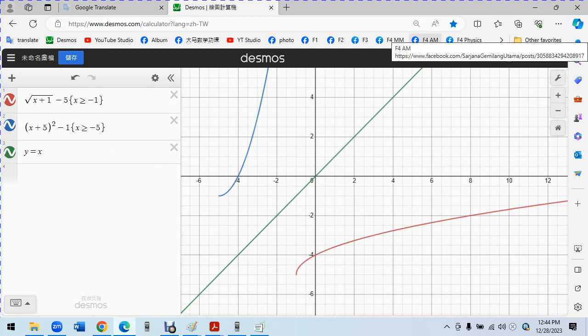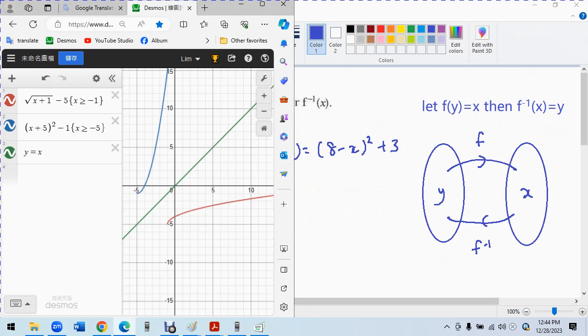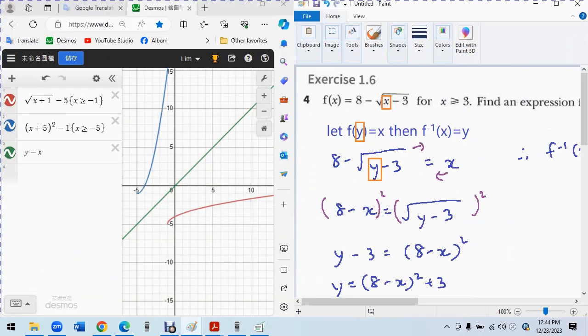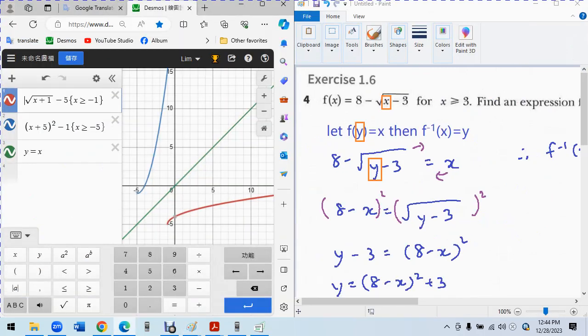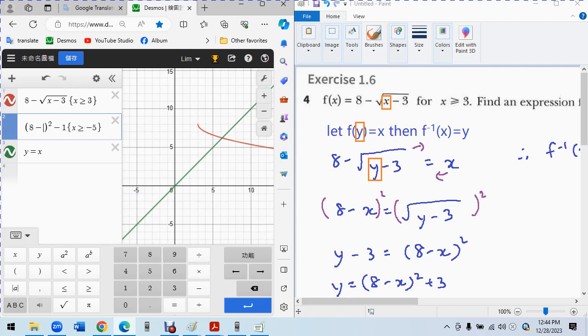We have 8 minus square root x minus 3, for x greater than or equal to 3. Then the f inverse that we have is (8 minus x) squared plus 3.